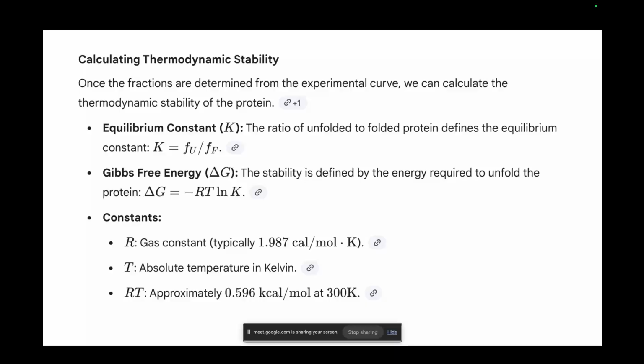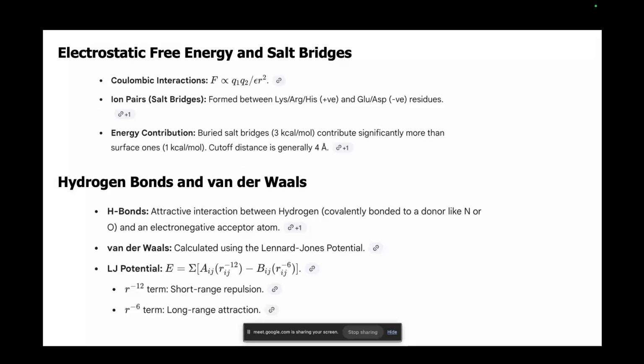Then you can look at thermodynamic stability, which is the delta G equation, negative RT ln K. Then we look at electrostatic interactions, which is Coulomb's law, Q1 Q2 by R squared. You can have these ion pair bridges, where you have bridges between your positively and negatively charged residues. You need to consider those as well. Hydrogen bonds and van der Waals radius. The van der Waals forces are very weak in nature, and they scale away with a slight increase in distance.